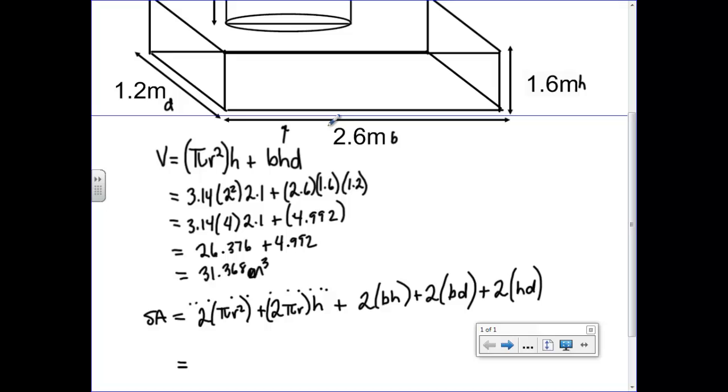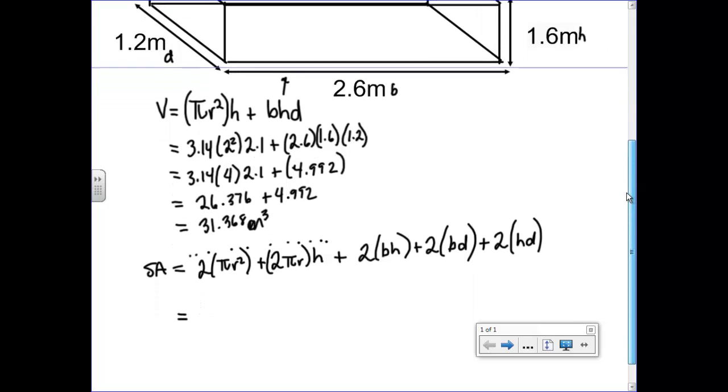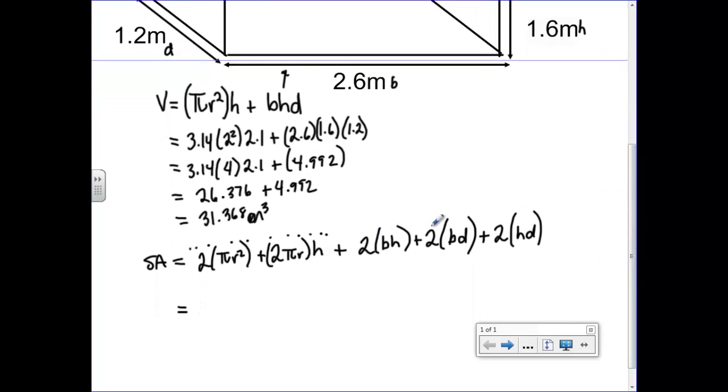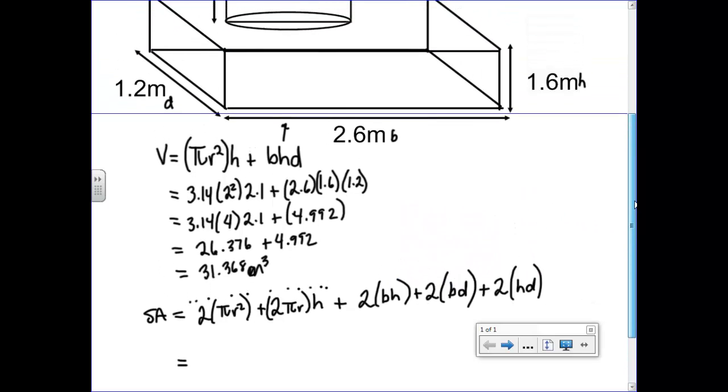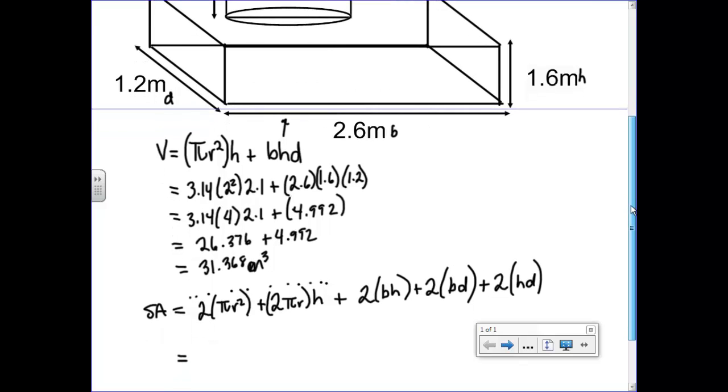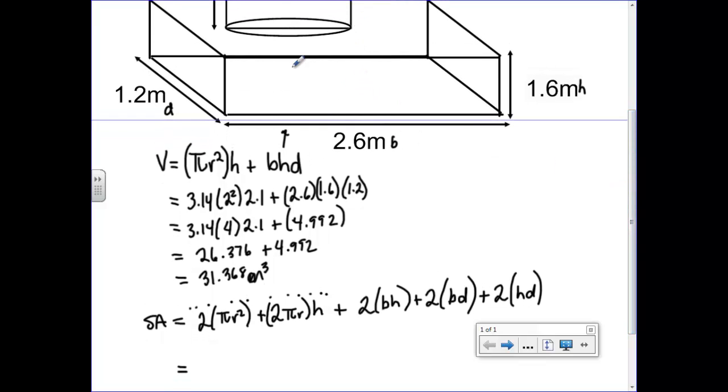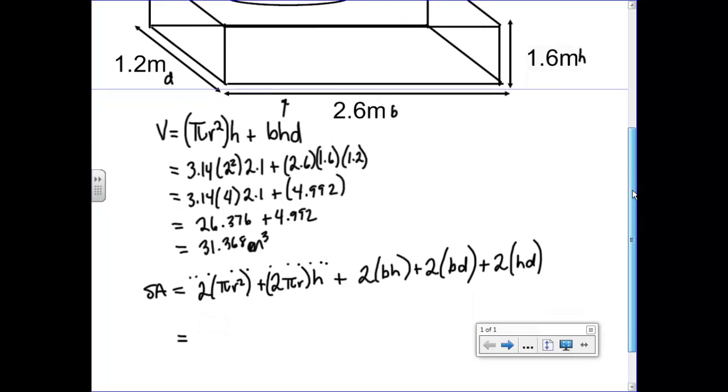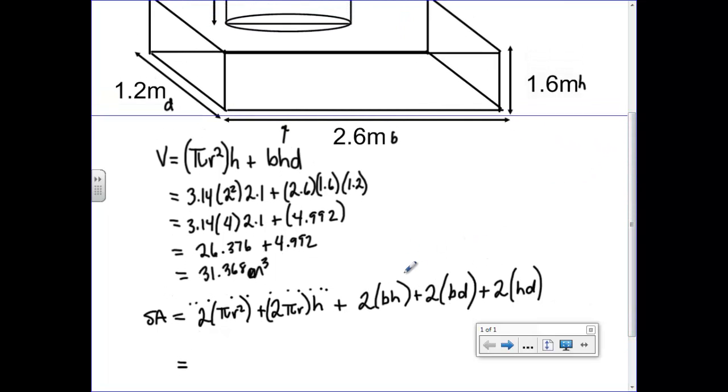If I take this base and this height, 1.6, there are 2 of those, and then there are 2 sides, and then the top and the bottom. There's 1, 2, 3, 4, 5, 6 sides, so we have to make sure we include those, and there's 2 of each.